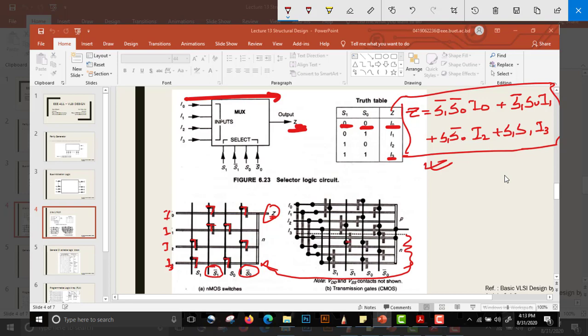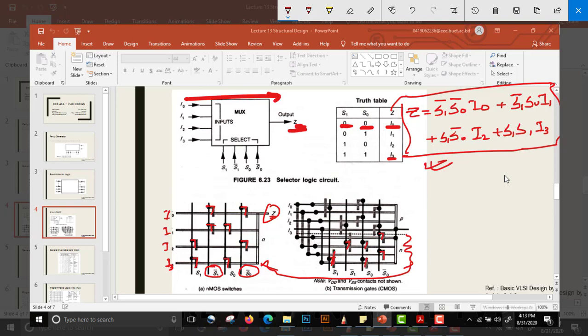For I0 we have S1 bar and S0 bar. For I1 we have again S1 bar and S0. For I2 we have S1 and S0 bar, and for I3 we have S1 and S0.